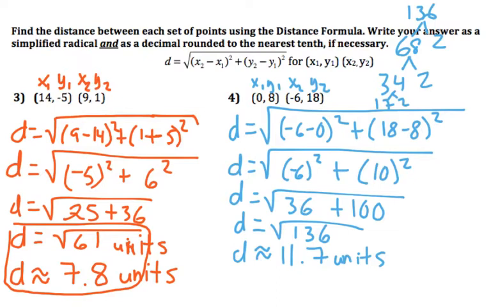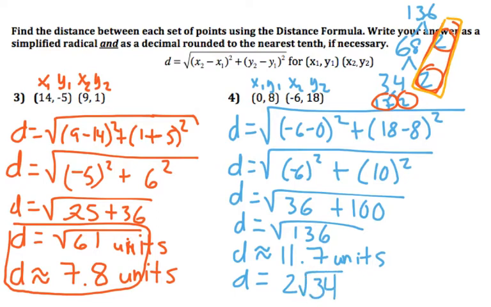So just looking at our primes here, we've got a 2, a 2, a 2, and a 17, which means we have a pair of 2's up here. Pair of 2's, and then 17 times 2, which is 34. So our simplified radical expression for the distance D is 2 square root 34 units.